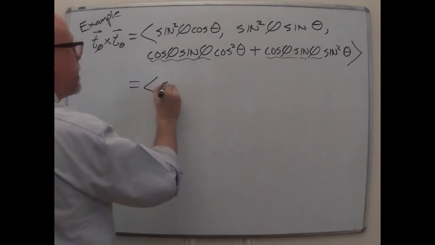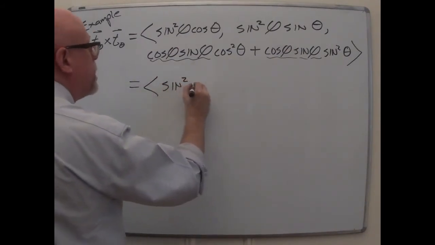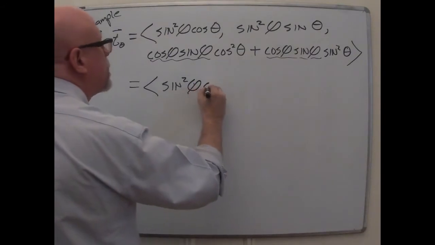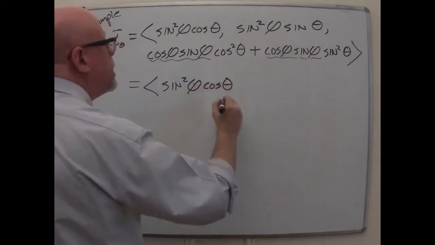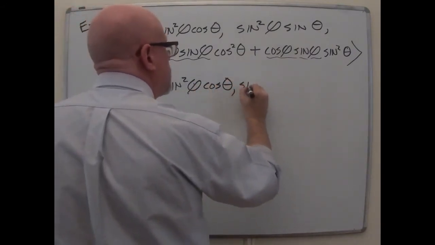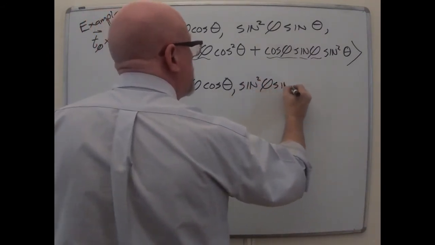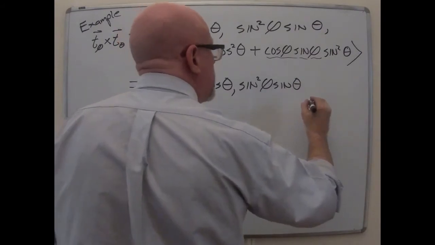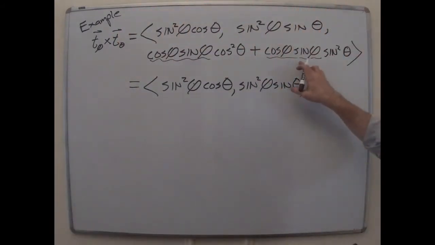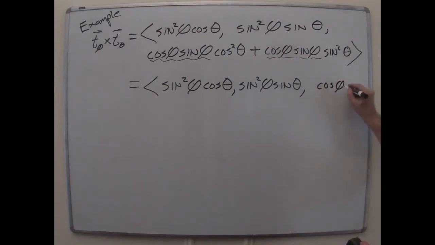So let's look at it again. We've got sine squared phi cos theta, sine squared phi sine theta. And do I have enough room on the same line now? It's cos phi sine phi. Yeah, all right.